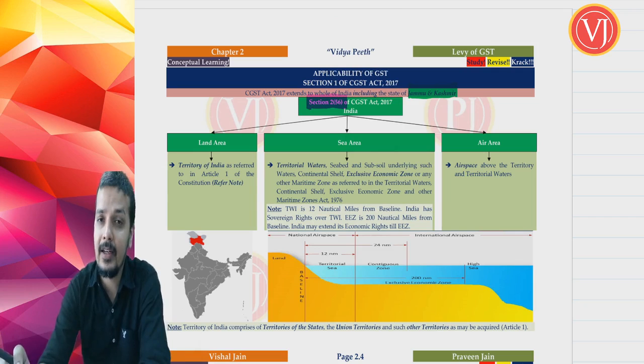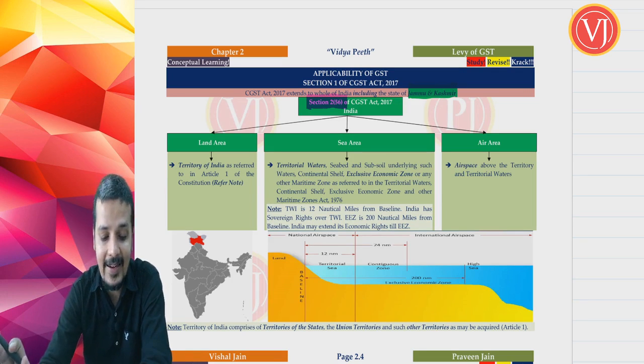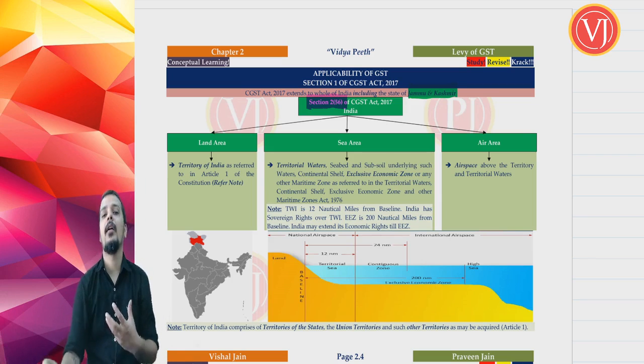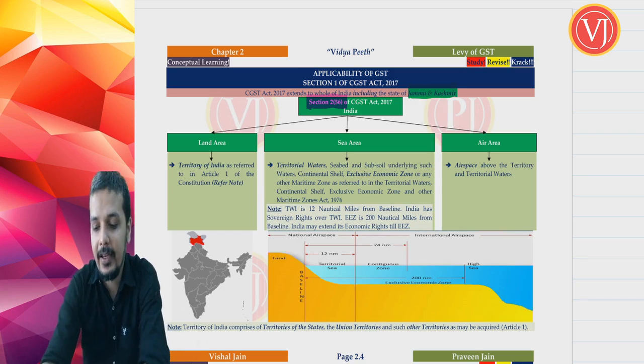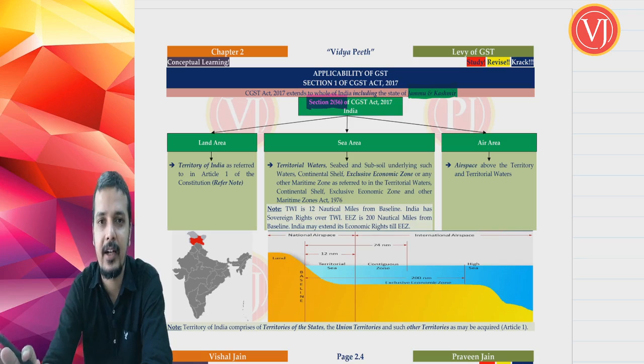Another, India in terms of sea area. And the last part, India in terms of air area. For our convenience, we have divided the definition of India into these 3 parts: land area, sea area and air area. Most of the provisions we are going to see are only the Bare Act provisions.